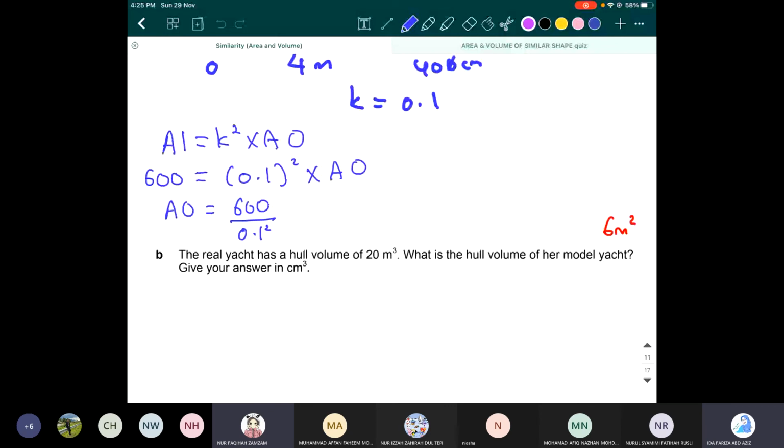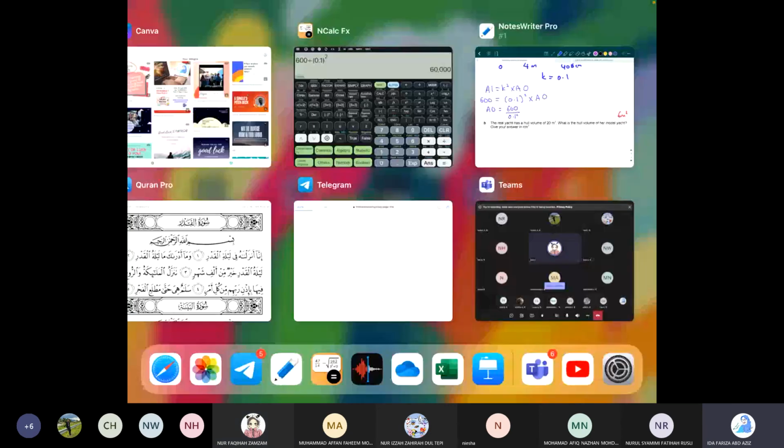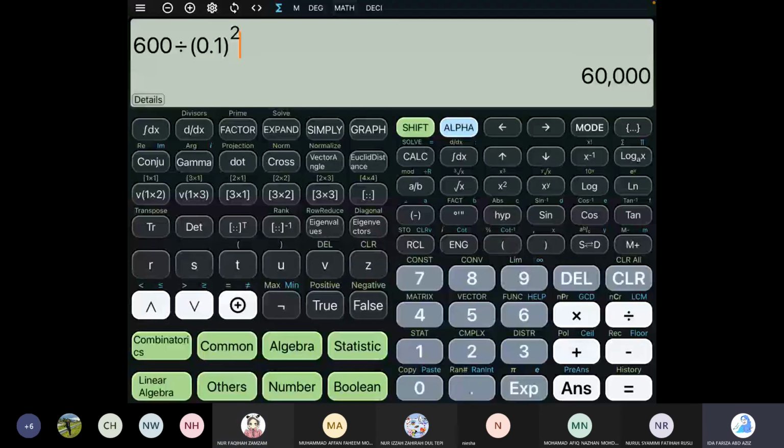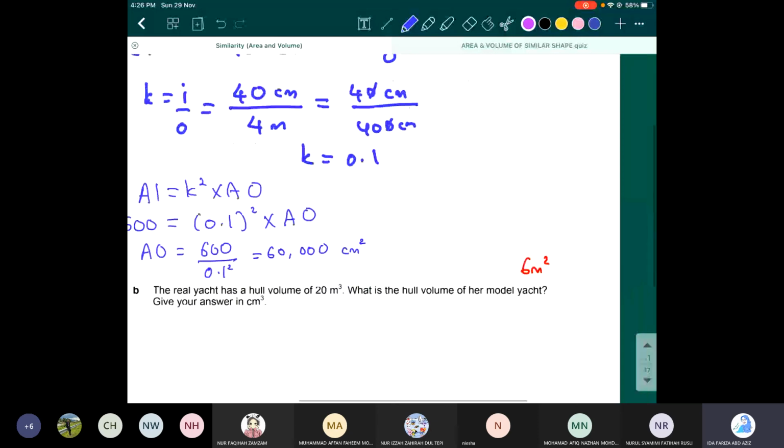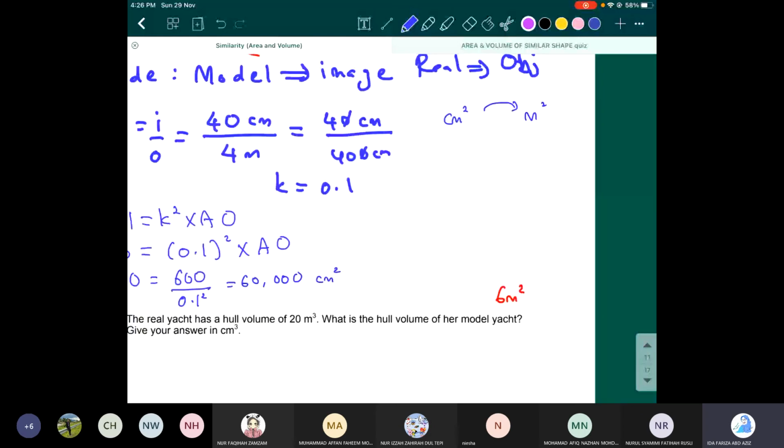60,000. 60,000, banyaknya ya. Okey, betul. Very good. Okey. So kita dapat 60,000 yang ni dalam unit apa ni? Unit centimeter square. Okay, so now the question is in the unit of meter square. So cm square nak tukar kepada meter square, you have to divide 100 square.